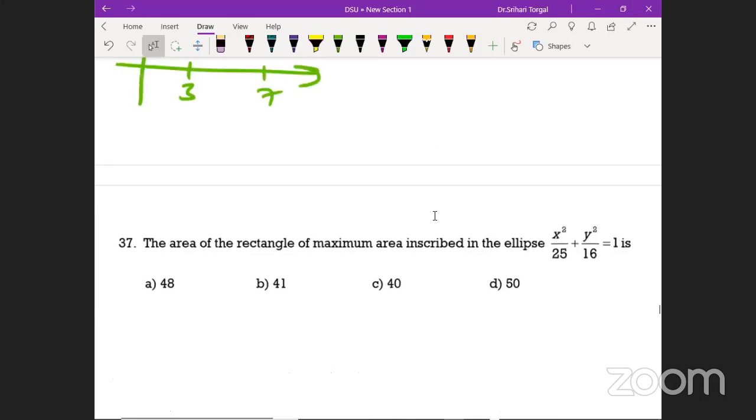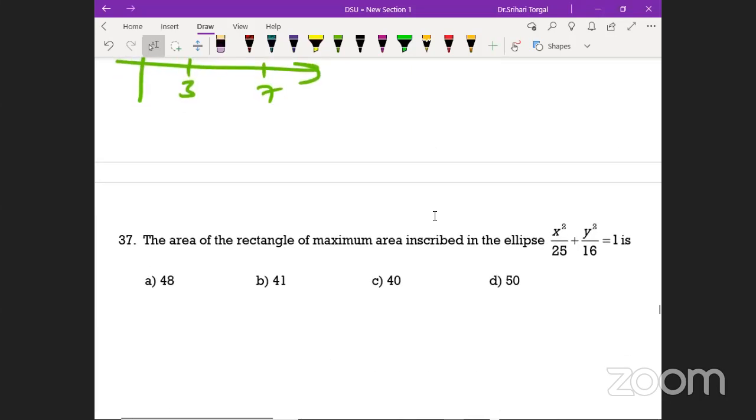Yes, try to answer this. The area of a rectangle. What is the answer?